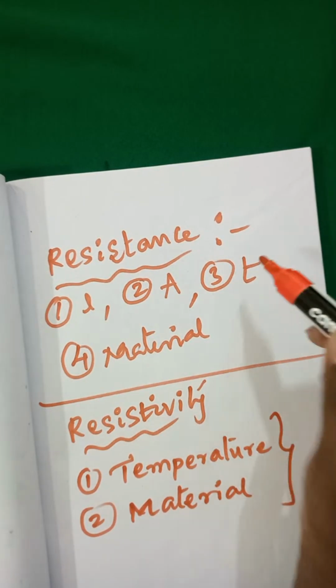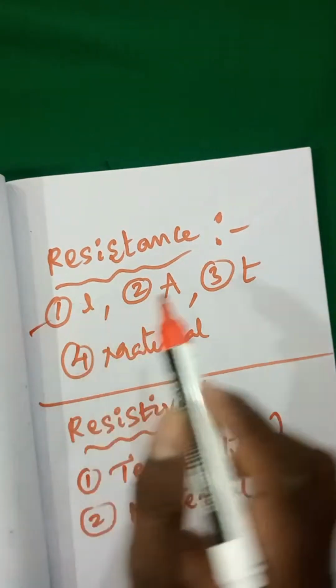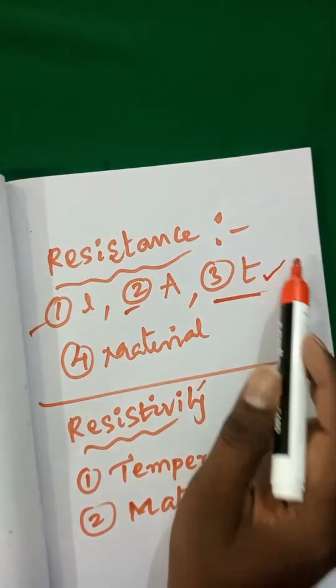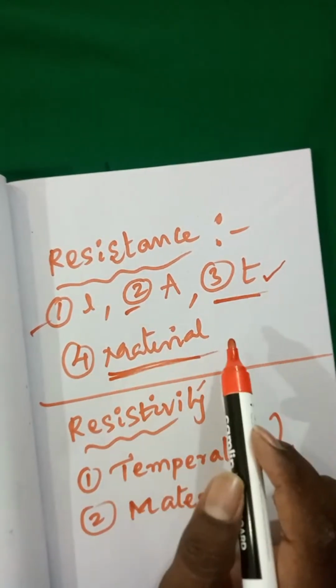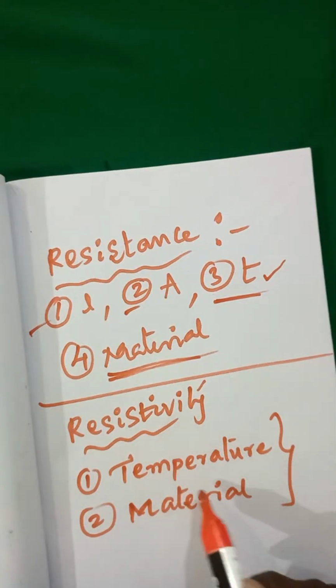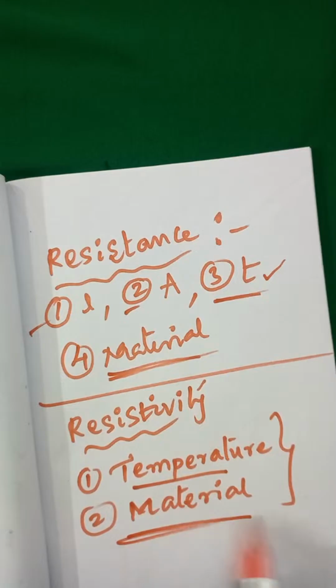So here resistance depends on length, area of cross section, temperature, and material. Whereas resistivity depends on temperature and material. So I hope it is clear to you all.